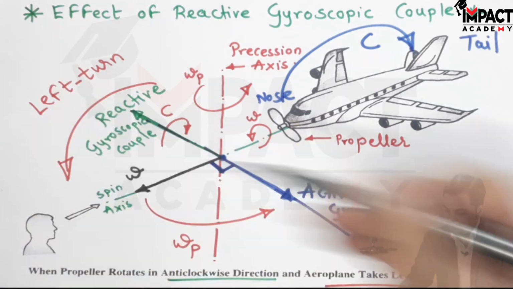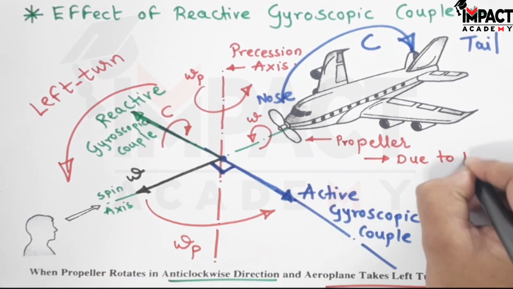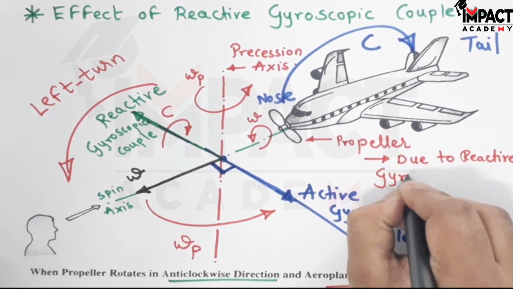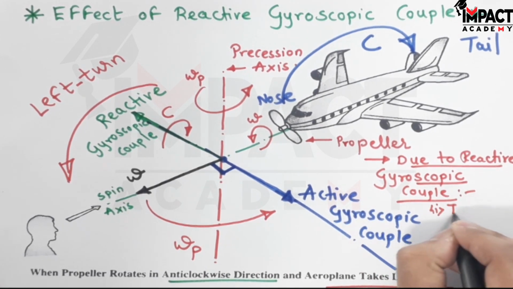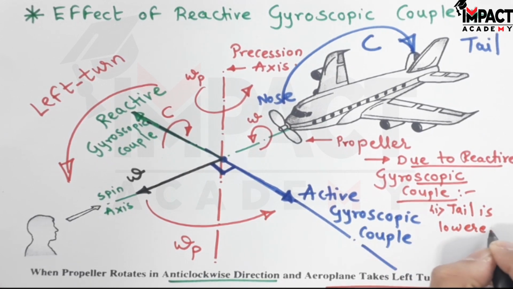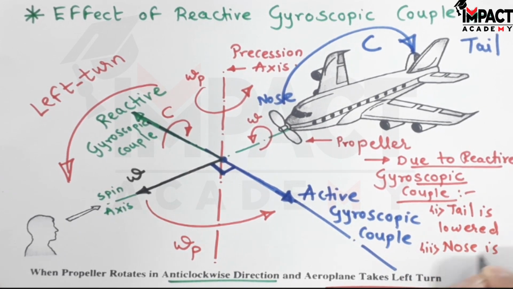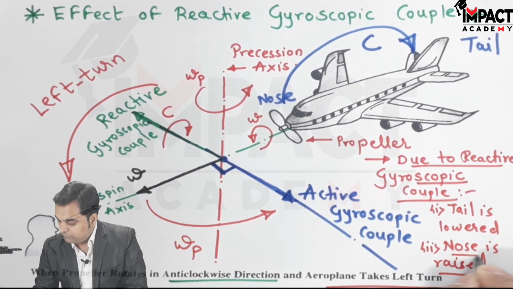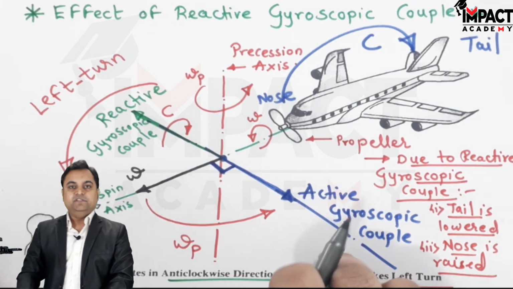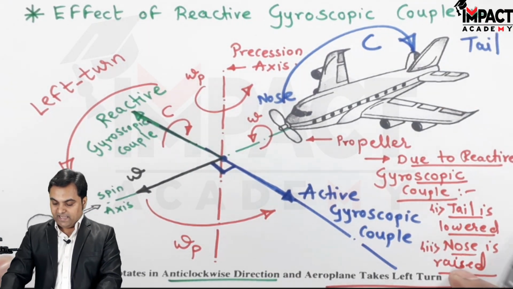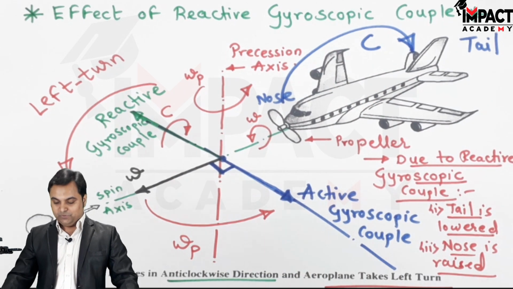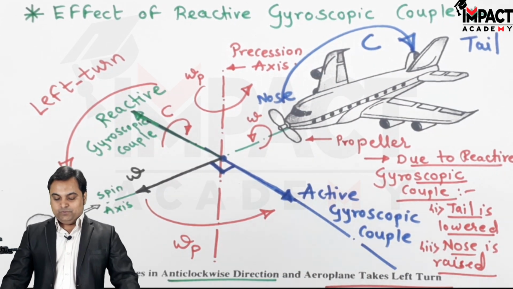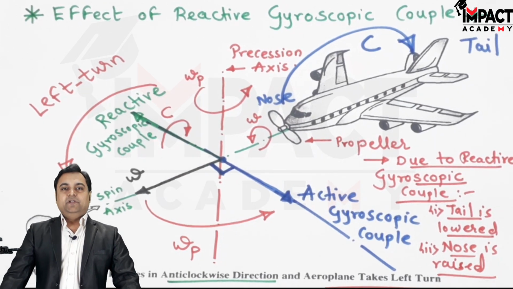So I'll write the effect. Due to the reactive gyroscopic couple, in this case, the tail is lowered and the nose is raised when the plane is taking a turn towards the left. So that's about the reactive gyroscopic couple.